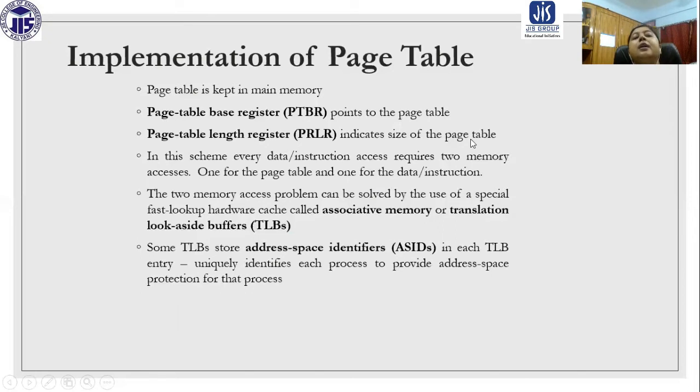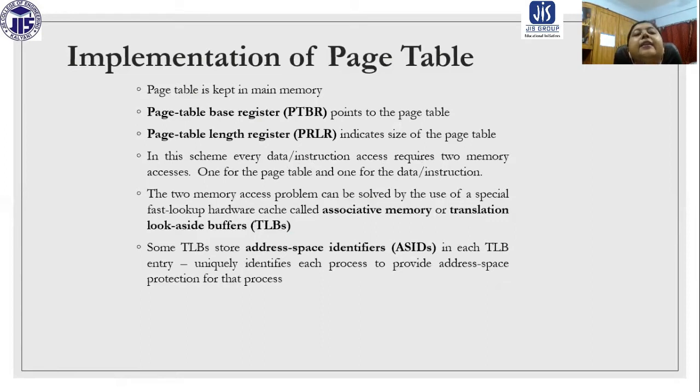In this scheme, every data or instruction access requires two memory accesses. Because the page table is also in the main memory, searching the page table requires one access to main memory.